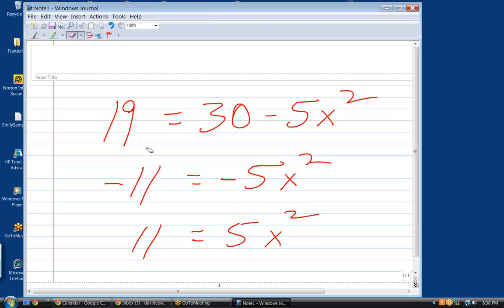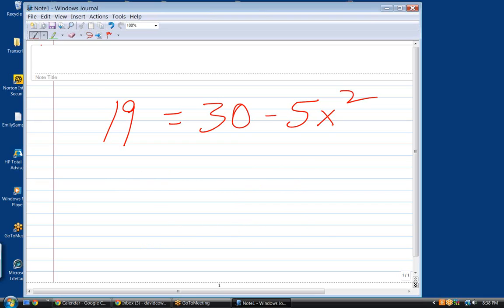So just a thought, when you go to solve these kind of equations, find the sign on the x term, in this case that negative, and move it to the other side, which will turn it positive. Okay, so we get 5x squared equals 11. What next?